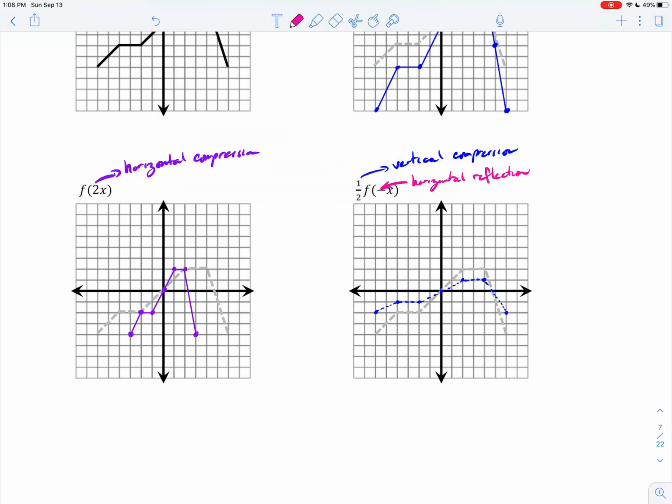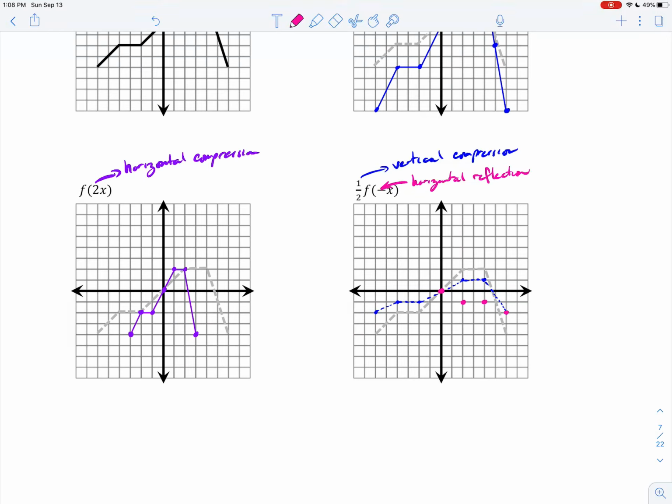Then when I apply my horizontal reflection, I'm going to take this thing and just kind of flip it the other way. I'm going to reflect it. Looks like this is still there. This, which was at -4, goes to +4 on the other side. Why do I still have this here?